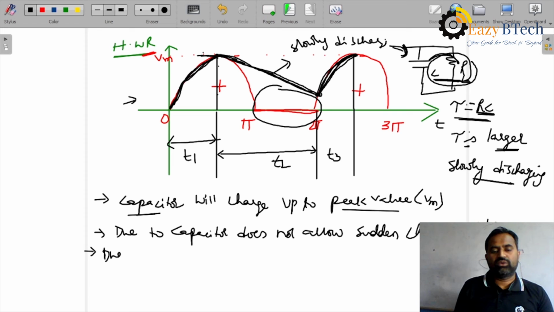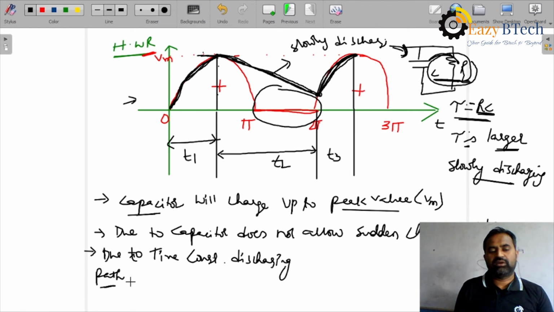Due to the time constant, the discharging path of the capacitor is slower.